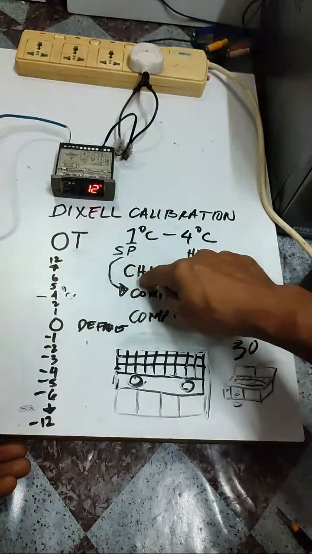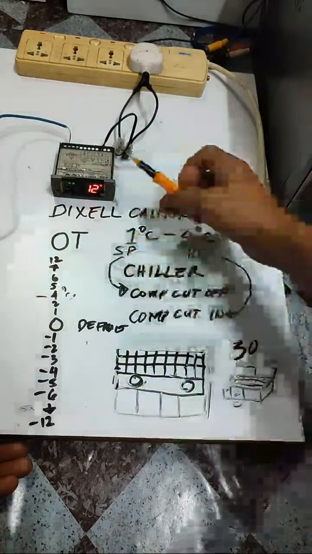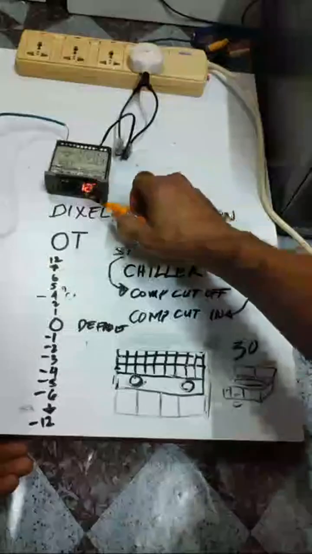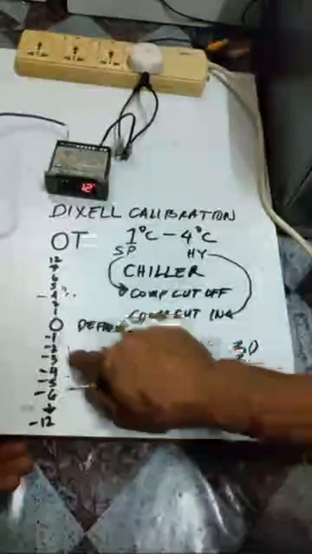Okay, so if you want to add temperature here, newly changed compressor, you want to go home now, you go here, the negative side, you bring value to the display.